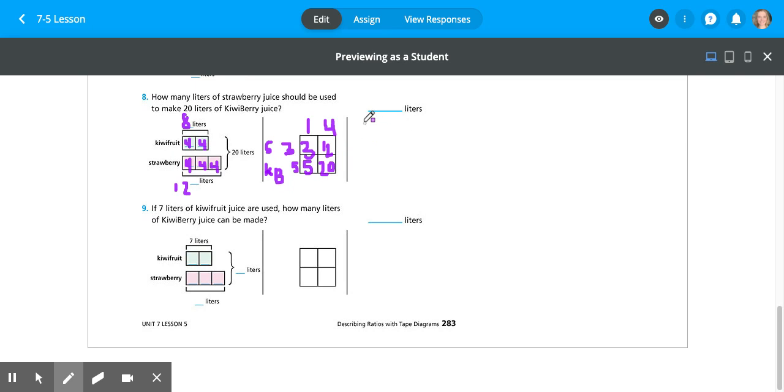So now let's solve it our last way. We have 3/5 equals x over 20. So 3 times 20 equals 5x. 3 times 20 we know is 60.